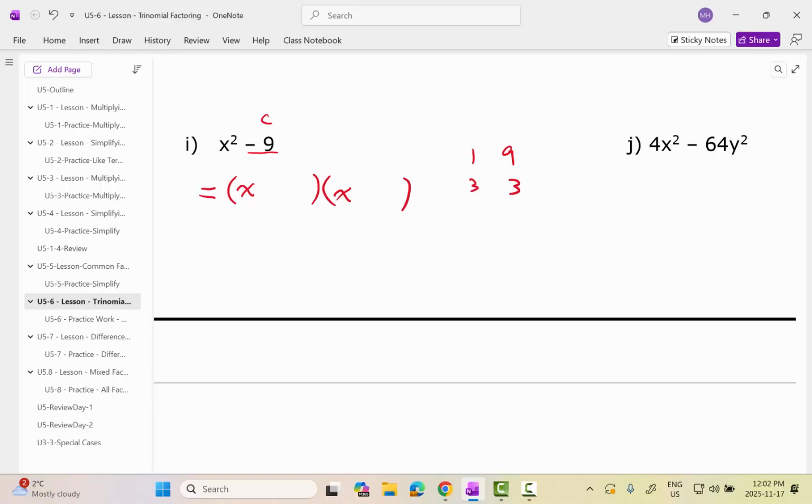Now, where's the B value? Is there a B value here? No, right? The middle is B, which equals 0.